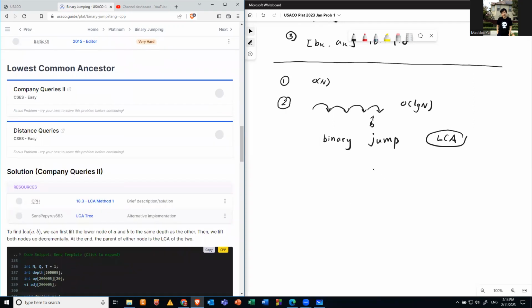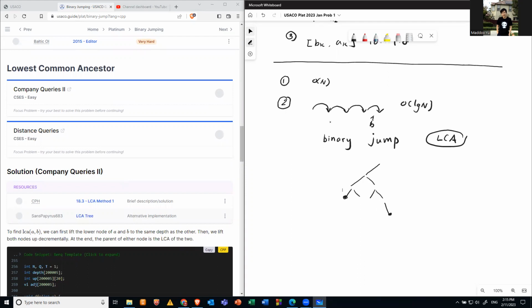Remember, we had a tree like this. For example, what is the LCA for this point and this point? You can go up, but that is O of n. You want to be able to find it in log n.